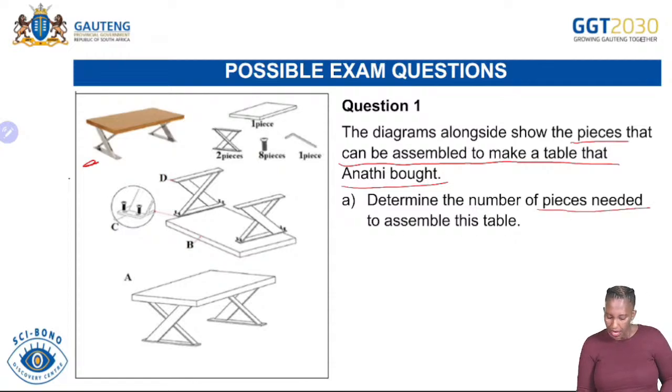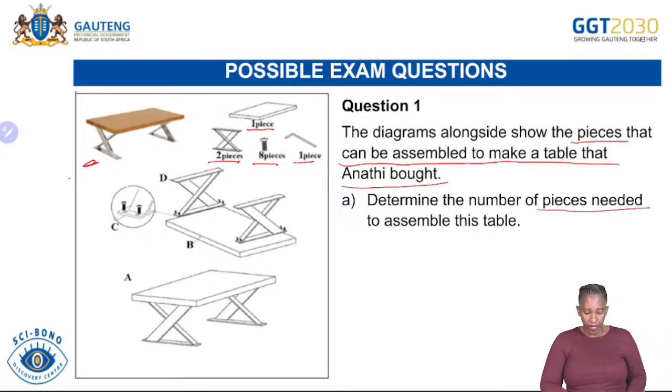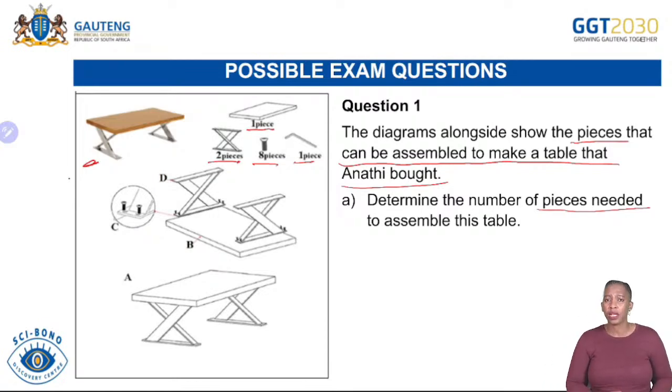When I look at my diagram here, it says 1 piece of the tabletop, 2 pieces of the legs, 8 pieces of the screws, and 1 piece of the Allen key. This is the key that they use to screw together the screws onto the legs of the table, or to screw the legs of the table onto the tabletop.